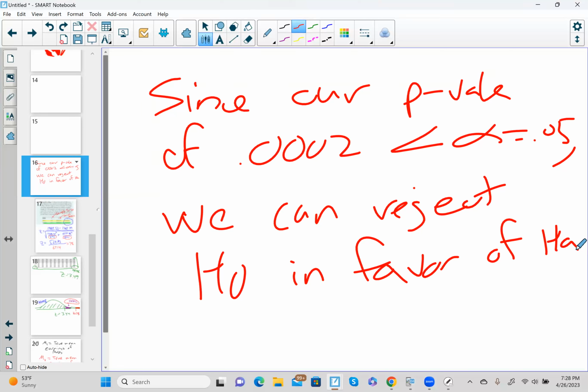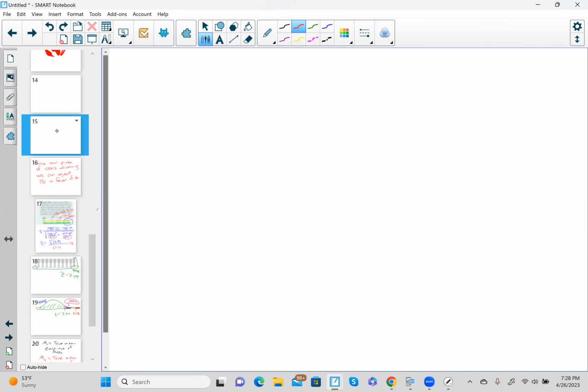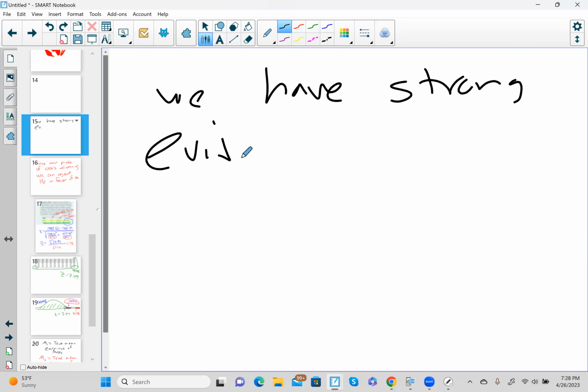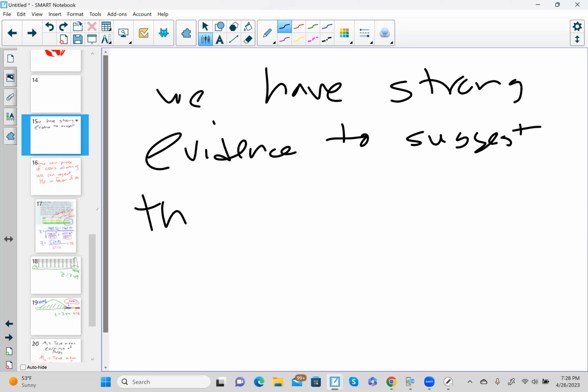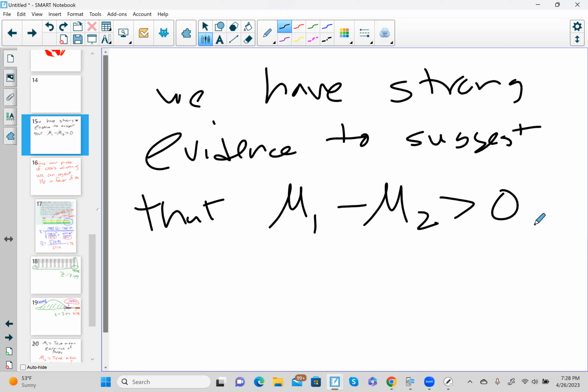So we're going to reject H0. We think HA is true. So that means we have strong evidence to suggest that mu1 minus mu2 is greater than 0.